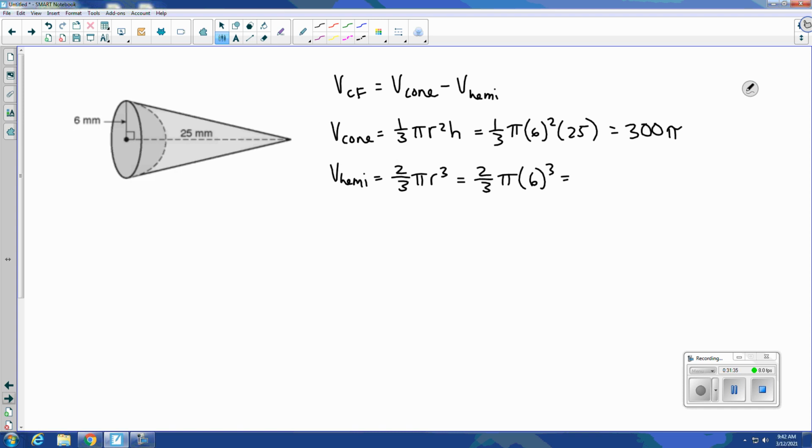And then if I multiply that by 2/3, I'm going to get 144 pi. So the volume of the composite figure is 300 pi minus 144 pi. For a total of how many pi's? We're going to get 156 pi.